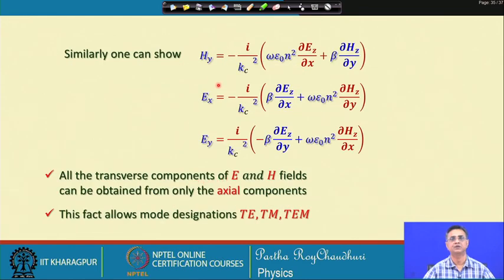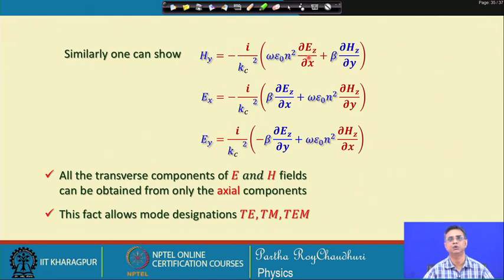Here also Hy is represented as a function of Ez and Hz, Ex similarly, Ey in the same way. So, this is a beautiful outcome that we have been able to express the transverse field components in terms of the longitudinal field components. So, that means all the transverse components of electric and magnetic fields can be obtained from only the axial components.